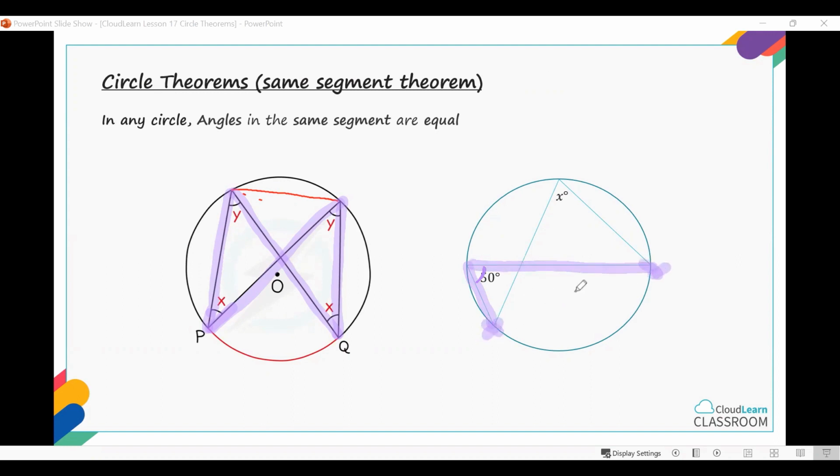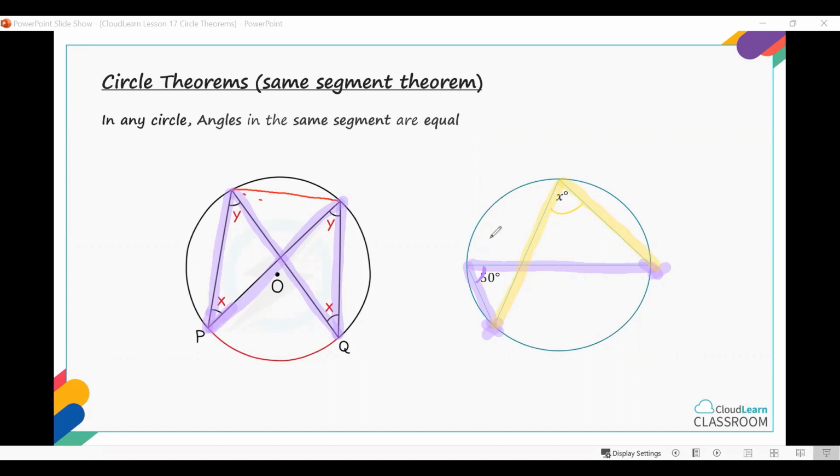Then I'm looking for other lines that my fingers haven't just drawn down, so these two lines going this way and this way. Because they come from the same points on the circumference, they must be equal angles. So x is equal to 50.